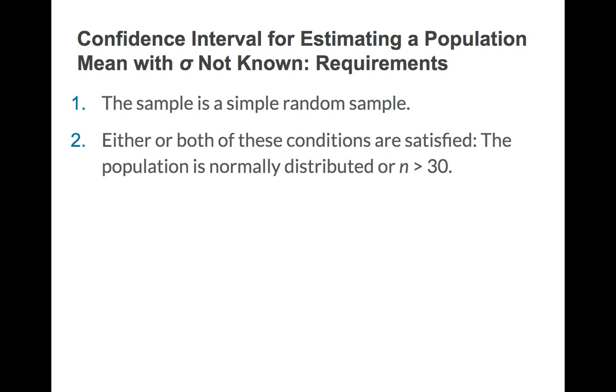So here are our requirements for constructing a confidence interval for a population mean with sigma not known. So we do not know, we don't have any idea of what the population standard deviation might be. To be able to do this, we need to know that the sample is a simple random sample, and either of these conditions is met: either the population is normally distributed, or n is greater than 30.